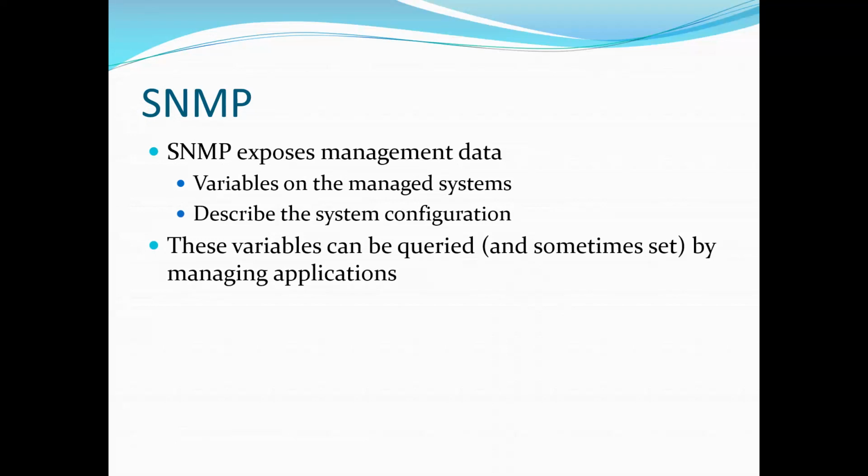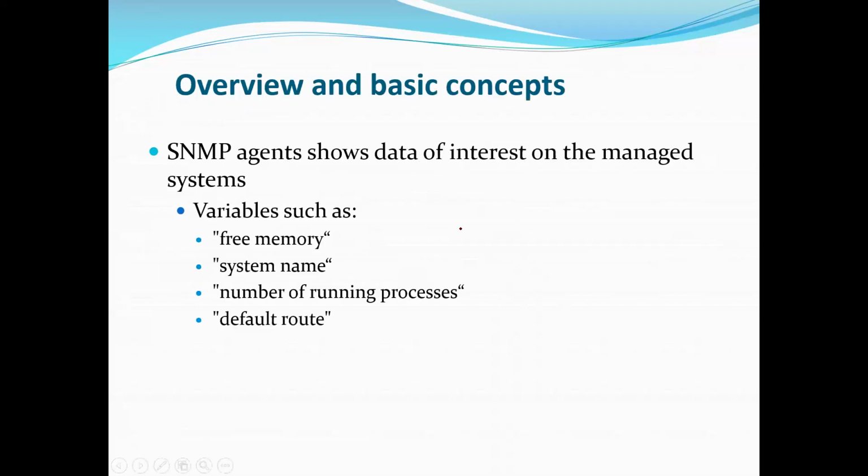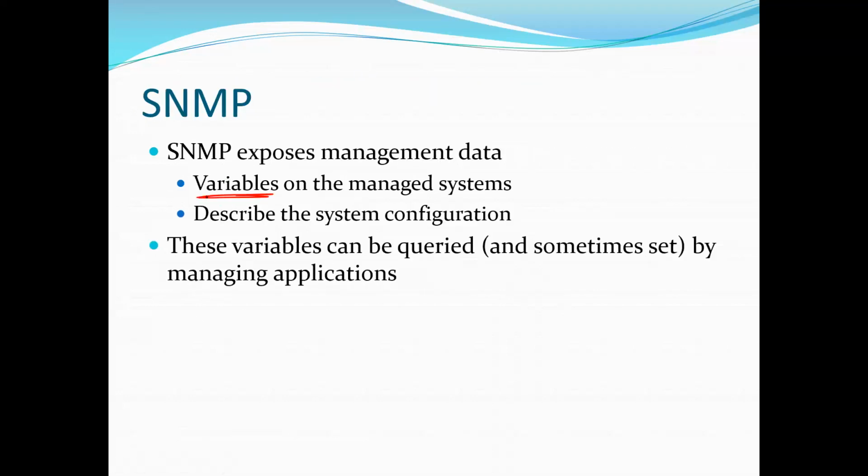So this protocol exposes management data. Basically everything is a variable on the managed systems, okay? And you'll see that this is associated with a data structure called MIB, not to be confused with the Men in Black, right?